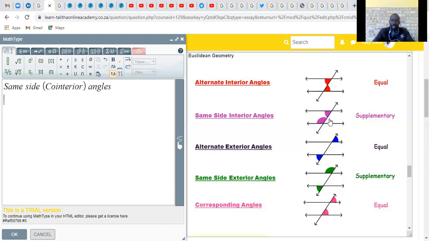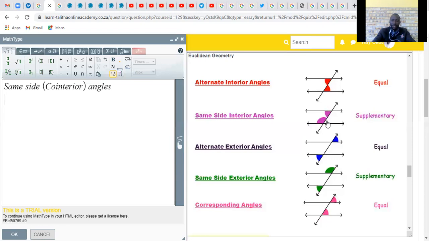Also, if we were given this, it would also be on the same side. For example, if we had this one and this other one here, these same-side angles are supplementary. What it means is that when two interior angles are supplementary, they add up to 180.